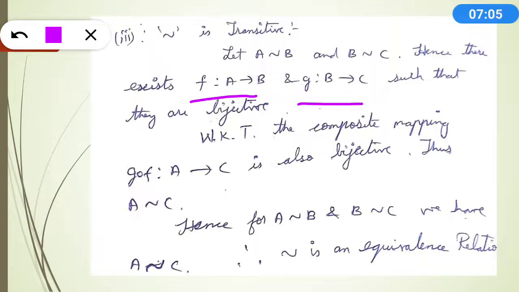One-to-one and onto. It is obvious, because since they are equivalent sets, f and g must be bijective. Now take the composition, g composition f, which will be from A to C. We know that if the functions are one-to-one and onto, then the composition of functions is also one-to-one and onto.